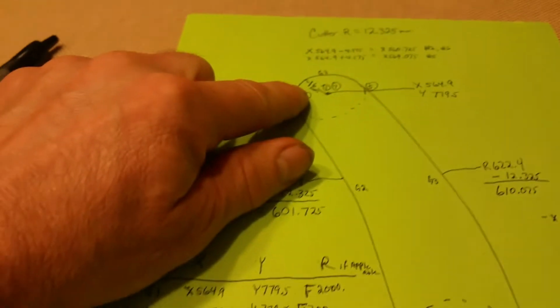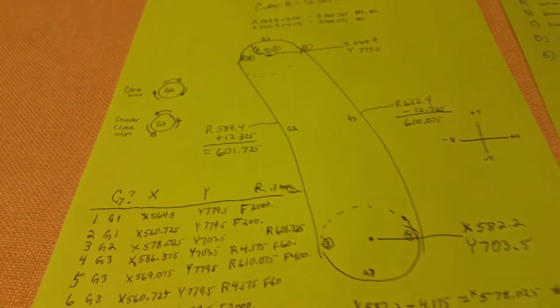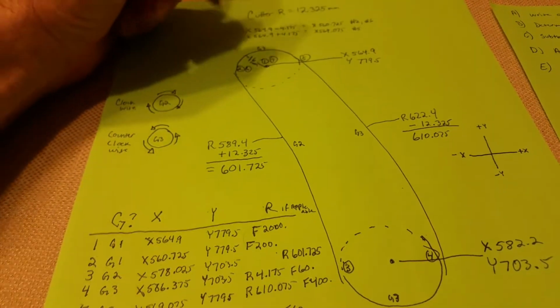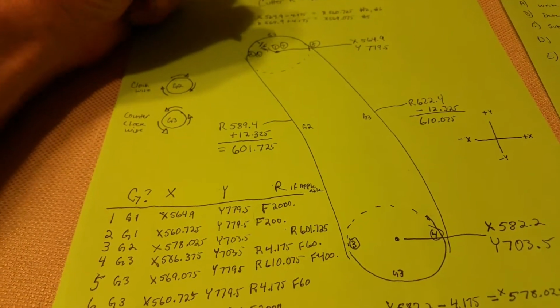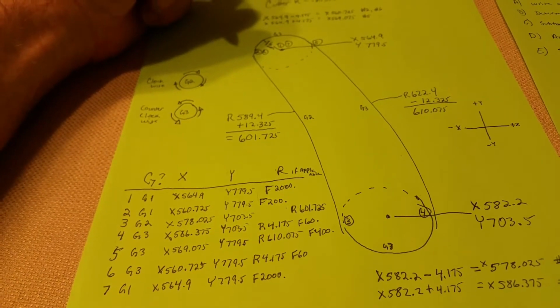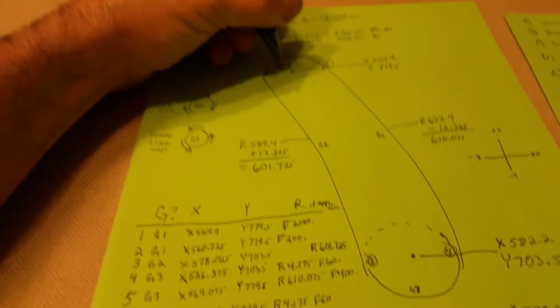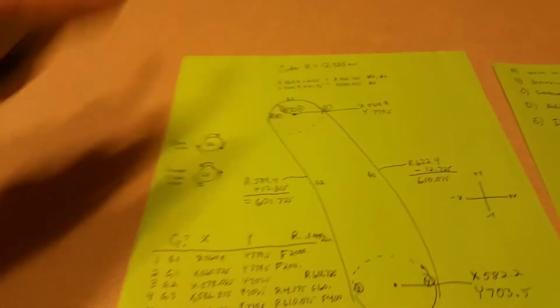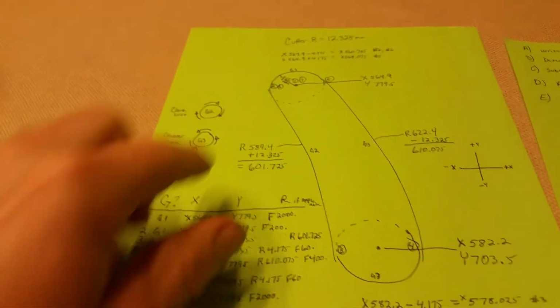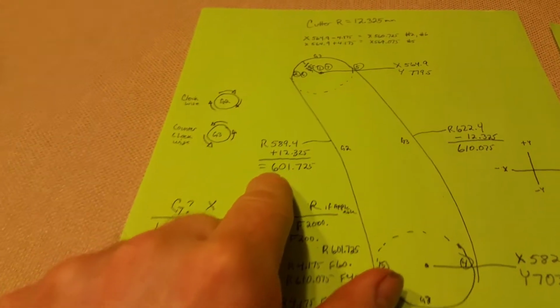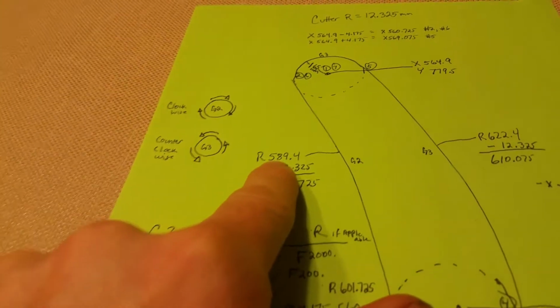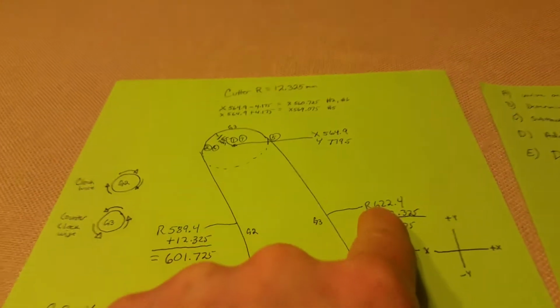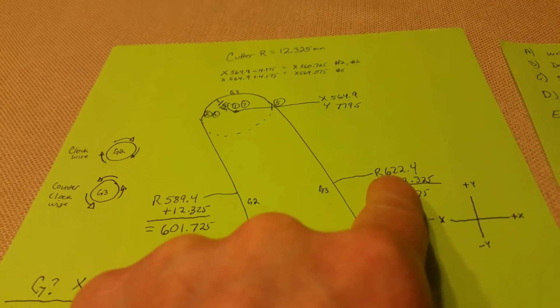And that gives us a radius of 16.5 millimeters. The arc on the left side here is 589.4 and 622.4.